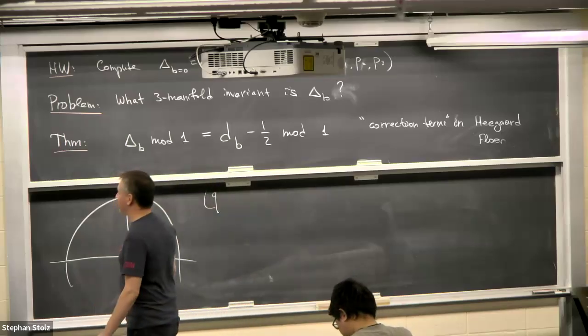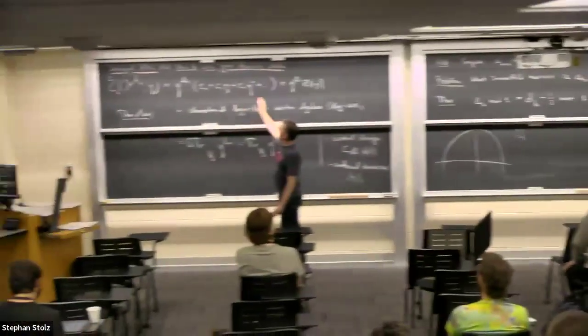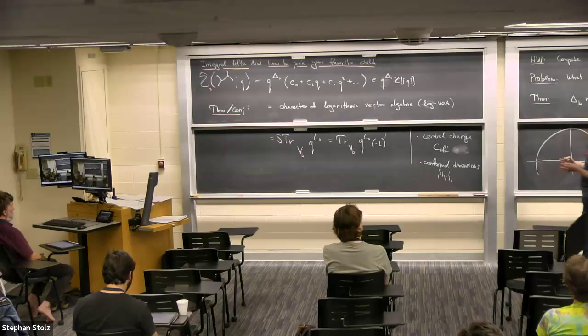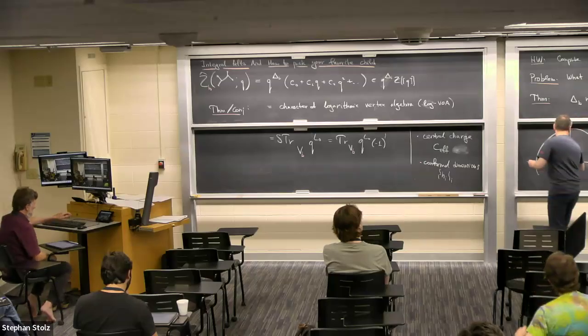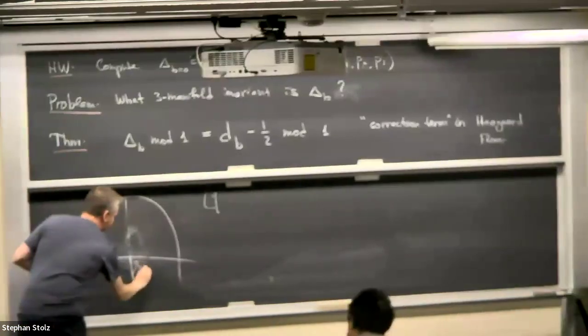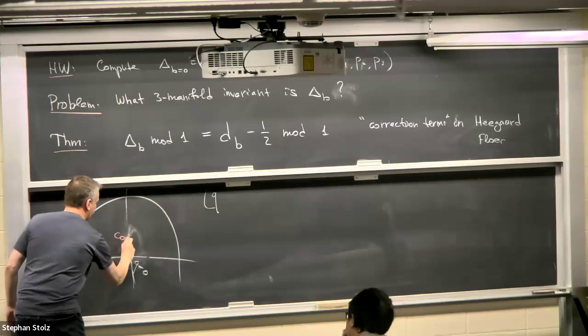Somebody hands us these invariants of three manifolds which are Q series, and this being a function of Q is a good thing, because now one can try all kinds of limits. What we just discussed is that near Q equals 0, near the origin here, we have this connection to the correction term.